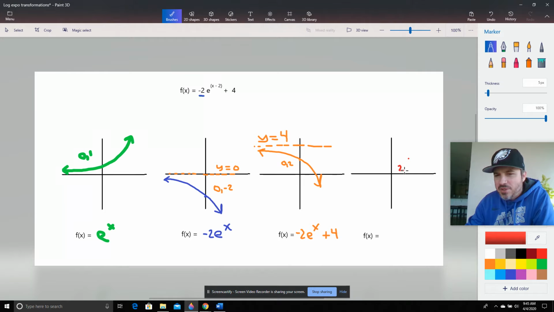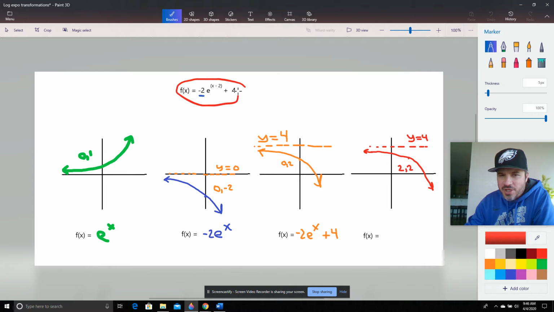So 0 plus 2 is 2. It was already at 2 at the y, so now my critical point's there. The asymptote does not move. I still have a growth function, and it still approaches the asymptote on this side. So this is my complete function here.